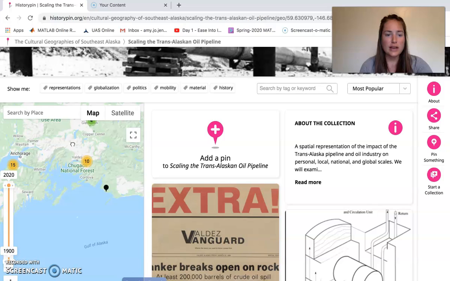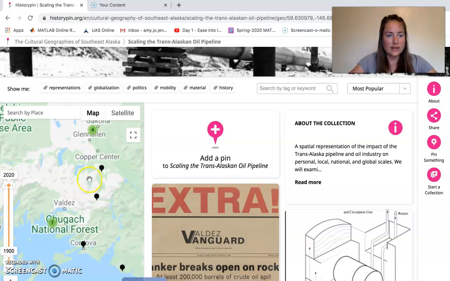We have multiple pins on the effects that the oil spill left on Alaska, and I personally made a pin on the outcomes that the oil spill has had afterwards, not only locally but globally and as a nation as well.